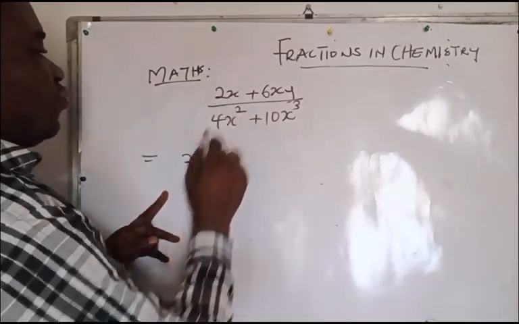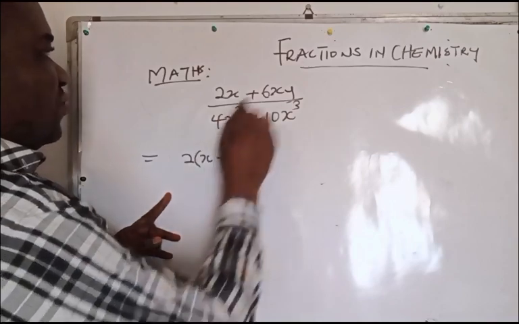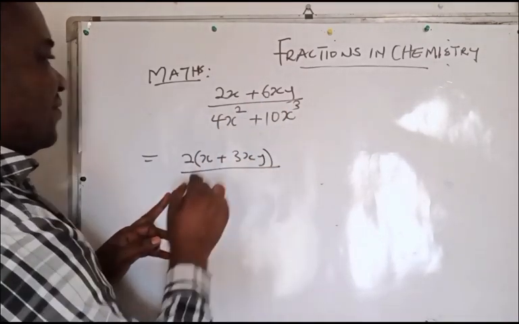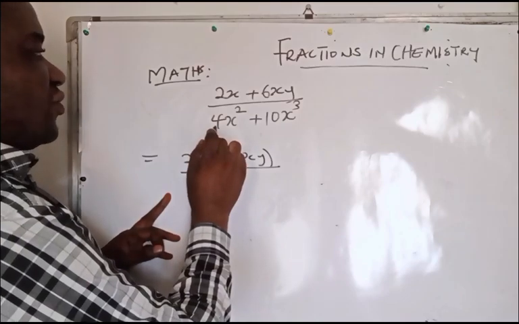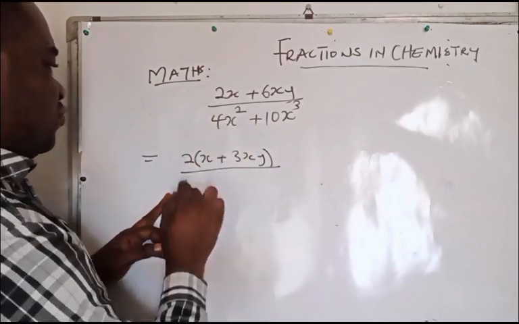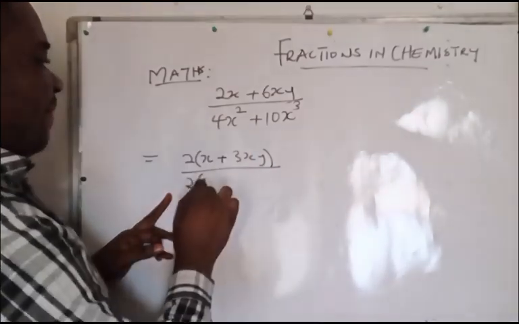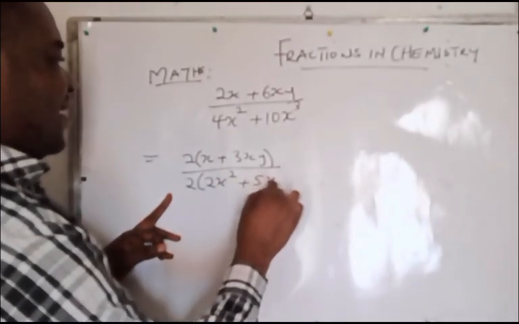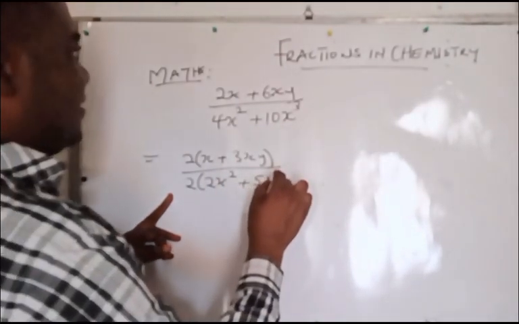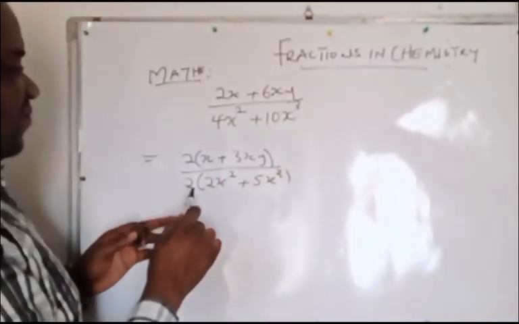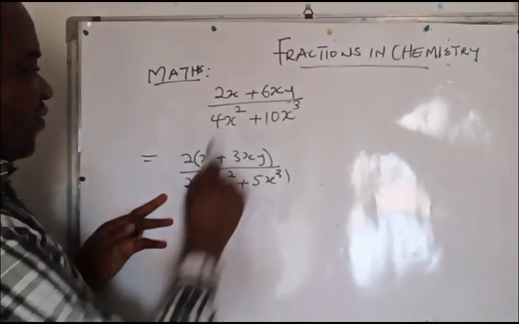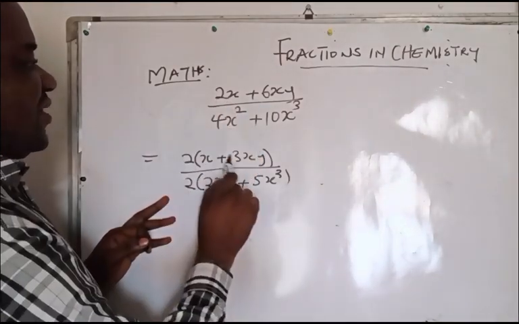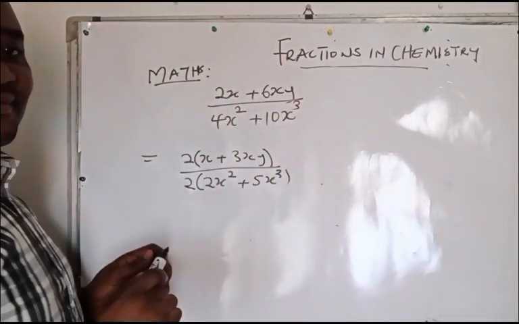So 6 divided by 2 will give us 3xy. All over what? The same thing happens here. 2 is also a common factor for both. So if we bring 2 out, we have what? 2x squared plus 5x cubed. That means we have 2 times 2 will give us 4, 2 times 5 will give us 10, 2 times x will give us 2x, 2 times 3 will give us 6.